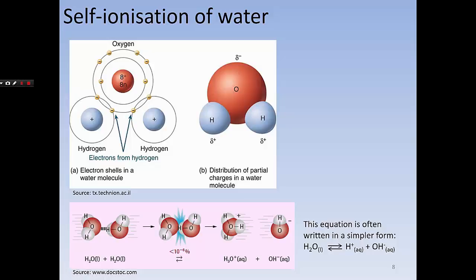We know liquid water molecules are in continuous motion. What can happen when water molecules collide is that the oxygen atom of one water molecule can actually grab the hydrogen of another water molecule, because it can attract hydrogen to itself so strongly.